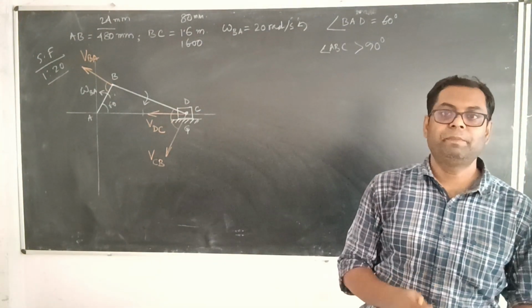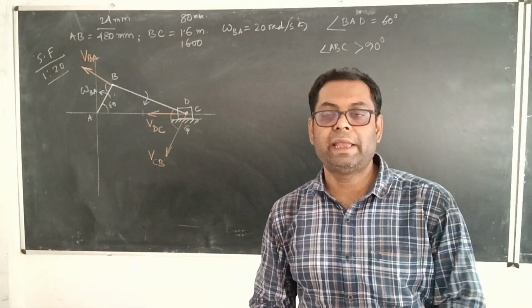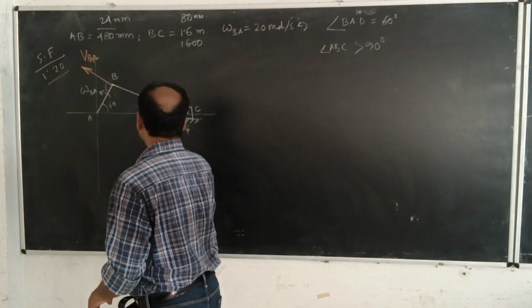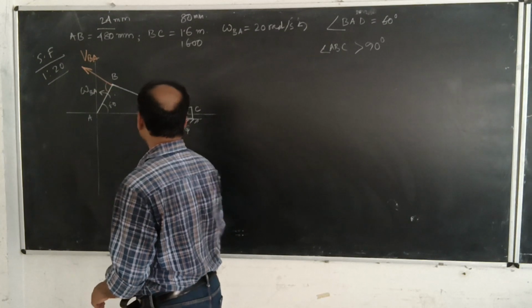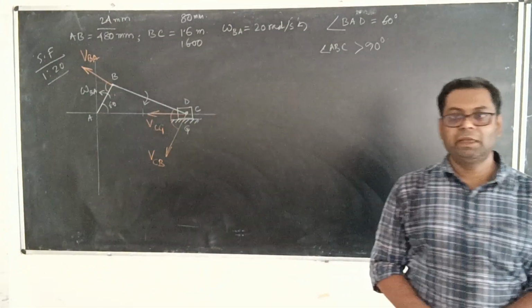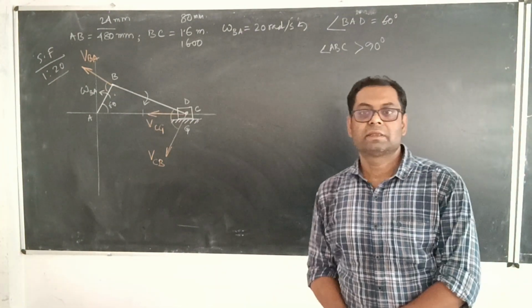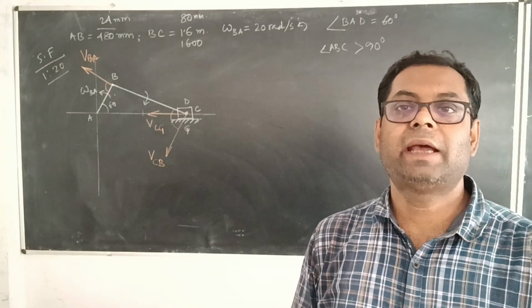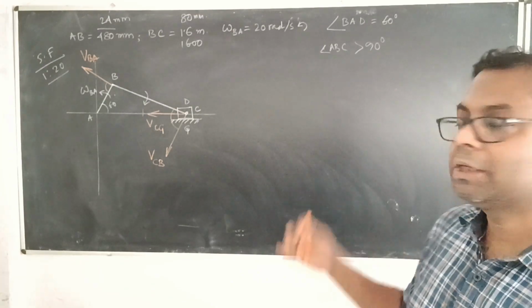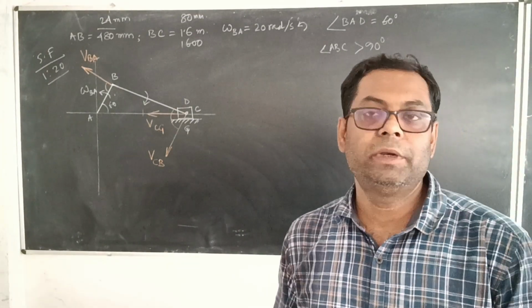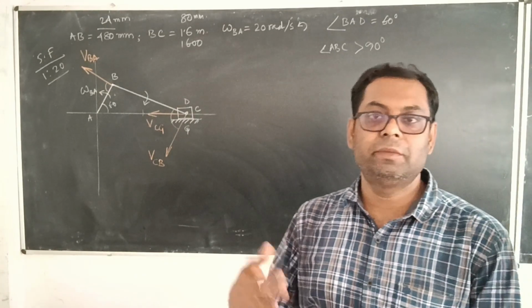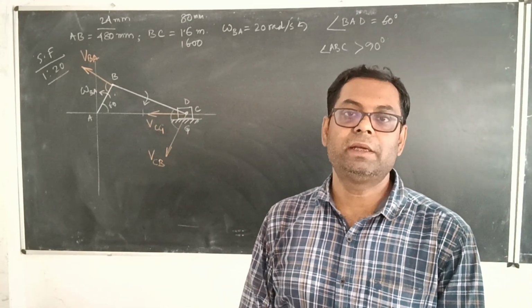So now the picture looks somewhat like this. Velocity of C with reference to G. Something like that. We got the entire orientation of the vector component of individual velocities which are acting at different parts of the different links.